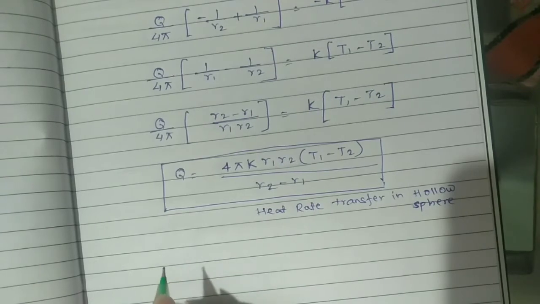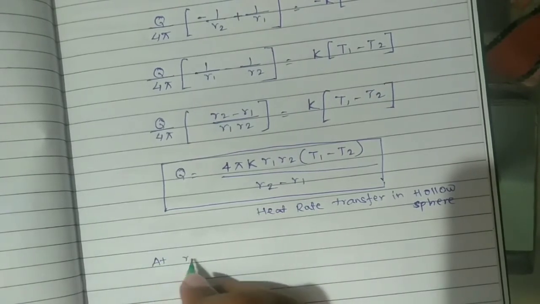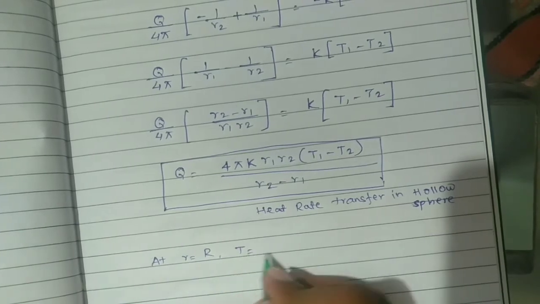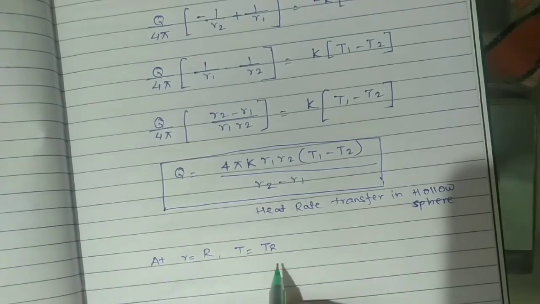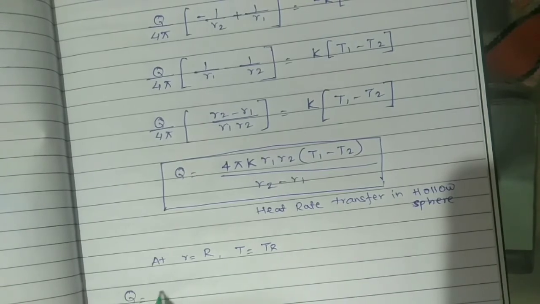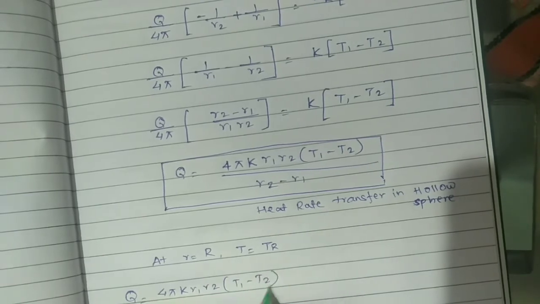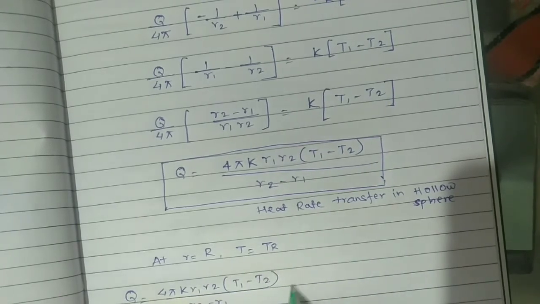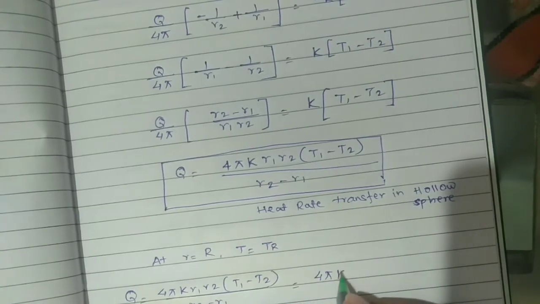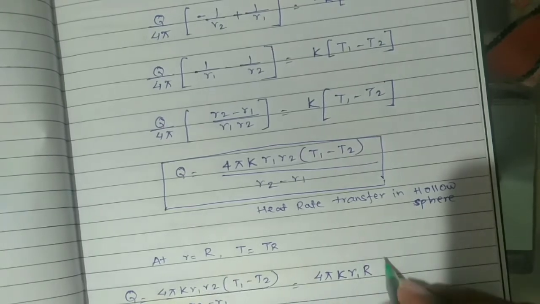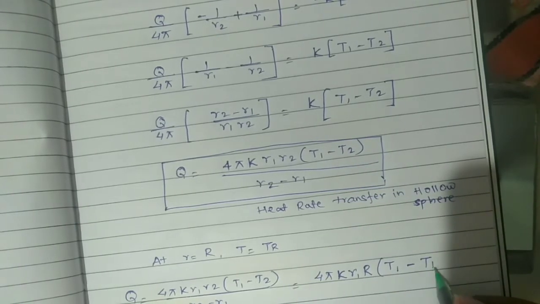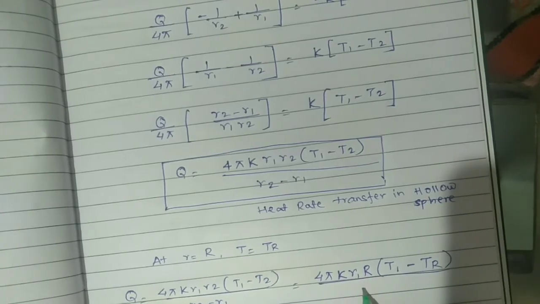Now if you want to find out the temperature at r equal to capital R, T equal to TR, what you are going to do is rewrite the equation and equate this equation with 4 pi K, r1 will remain as it is, instead of r2 it will be capital R, T1 will remain as it is, instead of T2 it will be TR, divided by R minus r1.